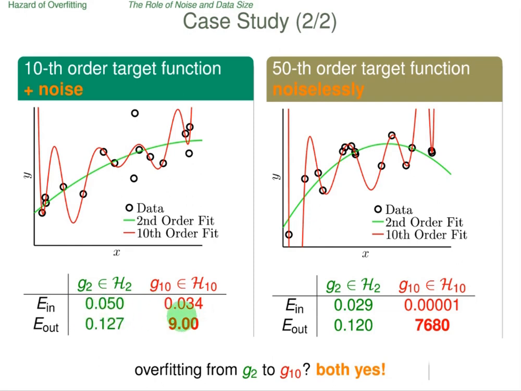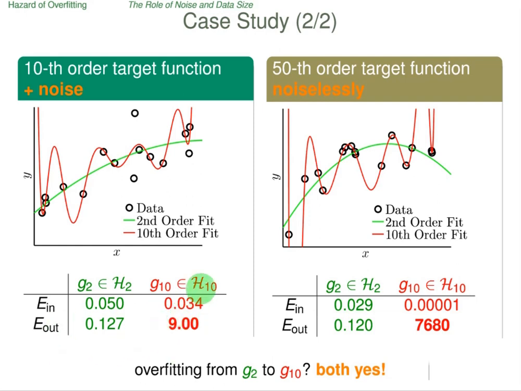However, if you look at the out-of-sample error performance of G2, the second order polynomial, and the 10th order polynomial, we see that G2 achieves a small 0.127. However, G10, the 10th order, achieves a much higher out-of-sample error, which is worse in comparison to the second order polynomial. The error measures here clearly show that the 10th order polynomial fit is a case of overfitting.